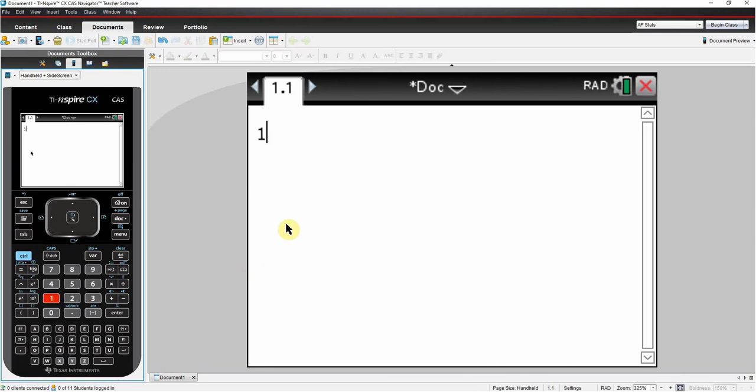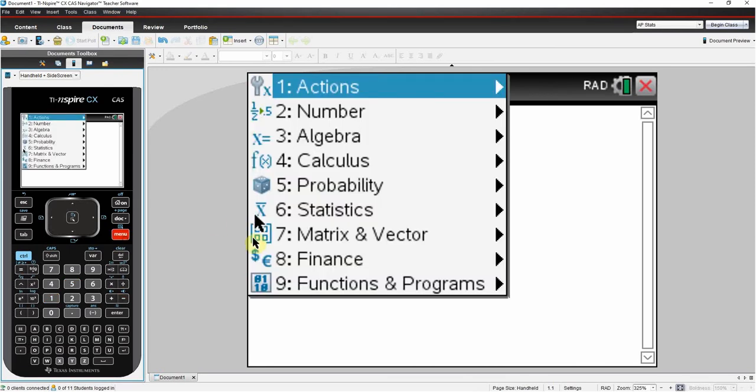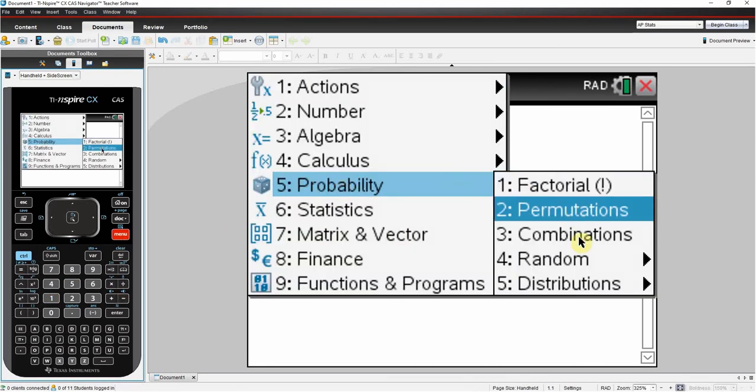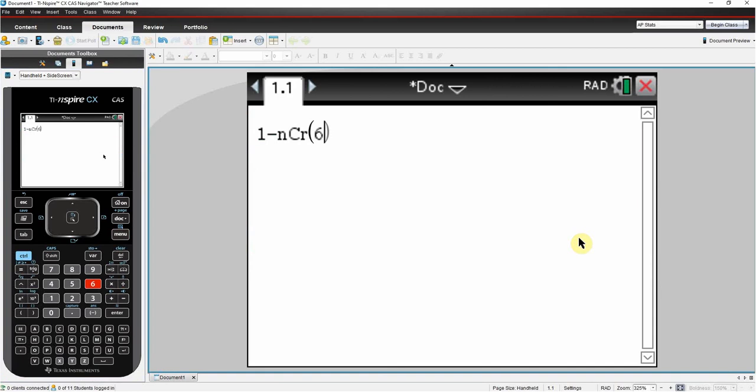So I have 1 minus 6 choose 6 times 1/6 raised to the 6th power times 5 sixths raised to the 0 power.